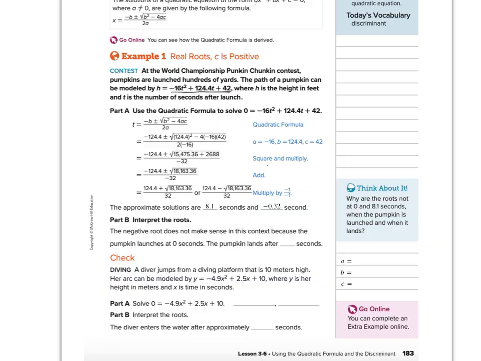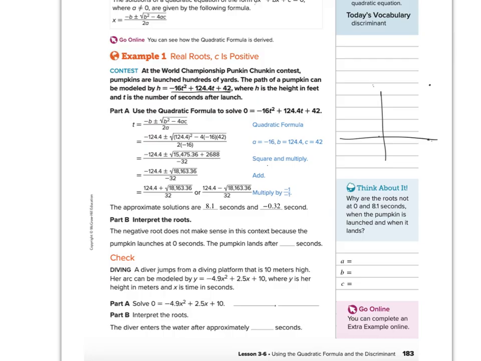So on the graph, we're looking at the highest point, and we can find the approximate solution.